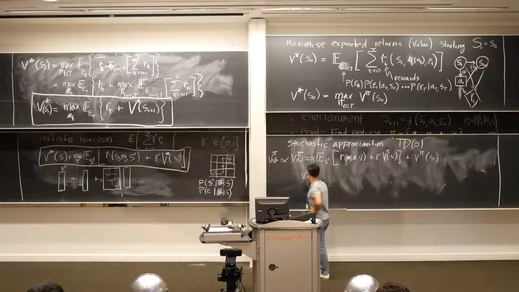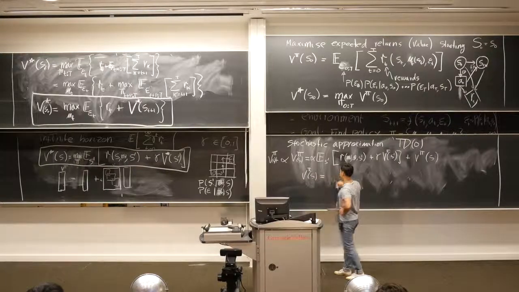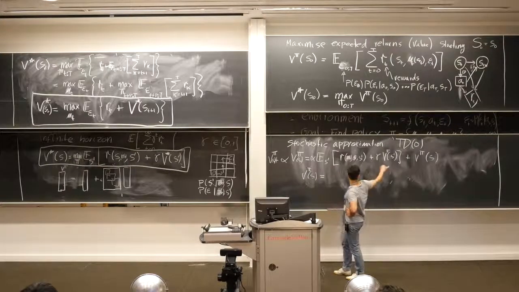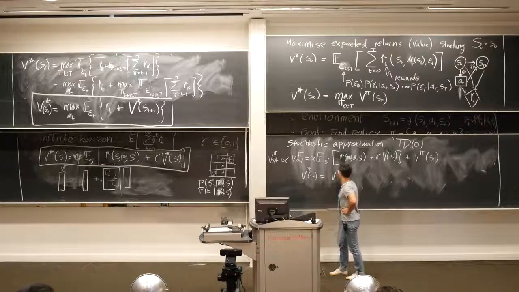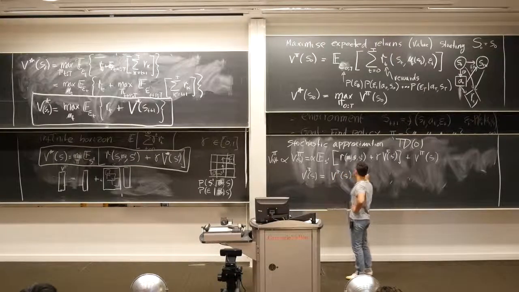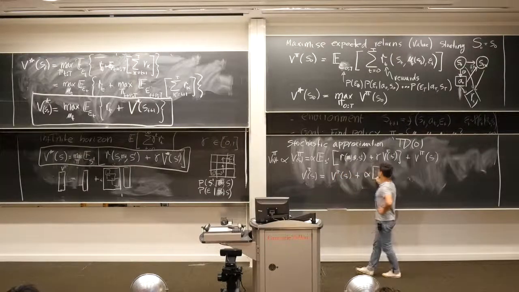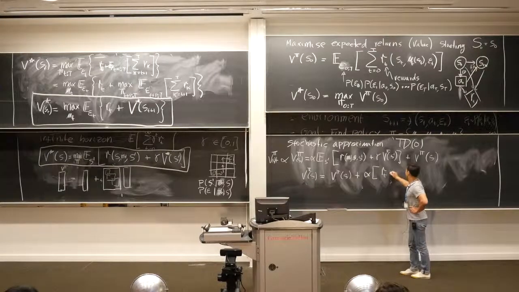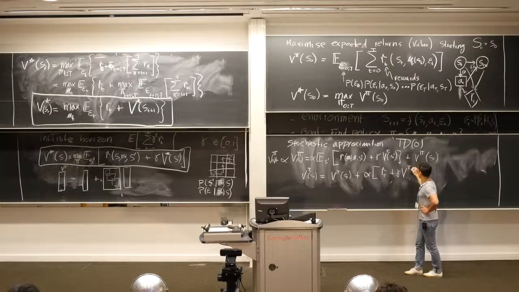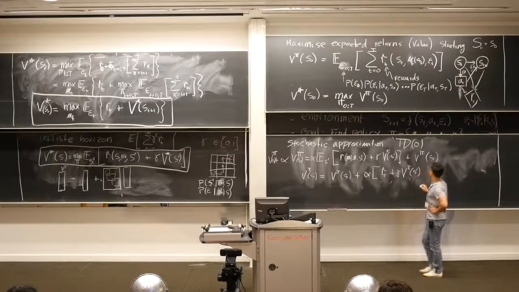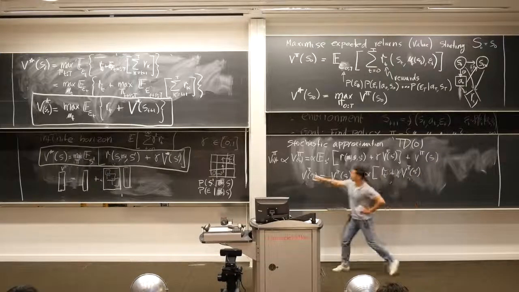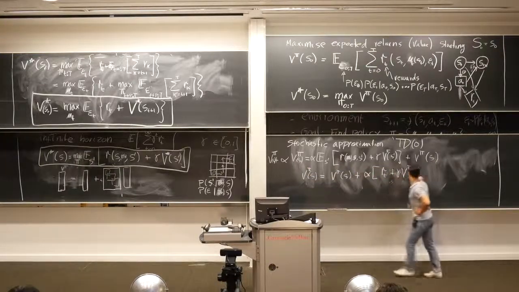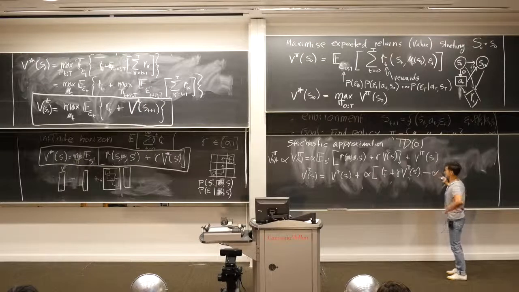And I'm going to write V pi of s equals V pi of s plus alpha times R_t plus gamma V pi of s prime, and then minus V of s.